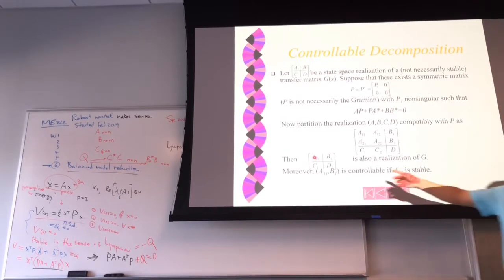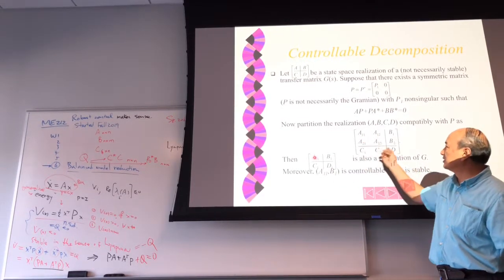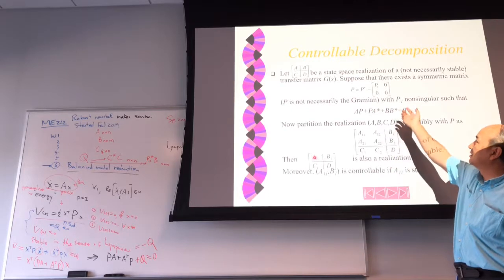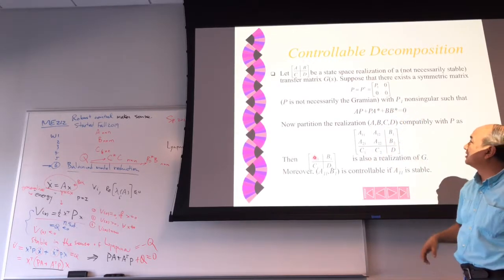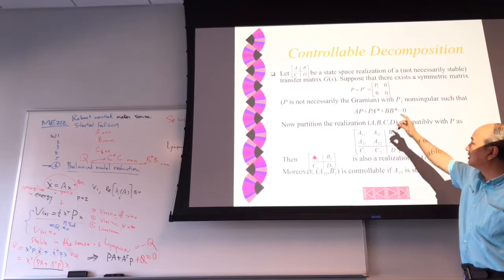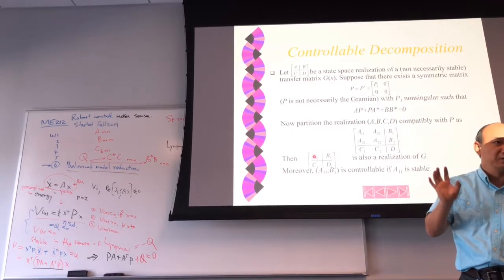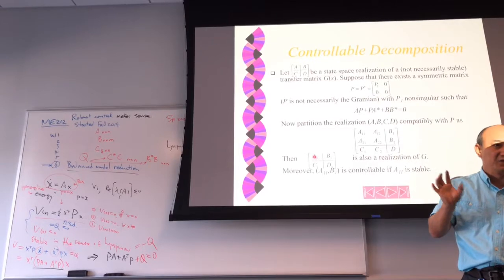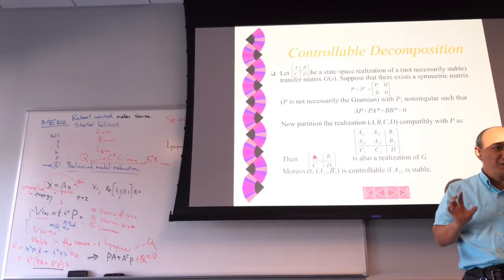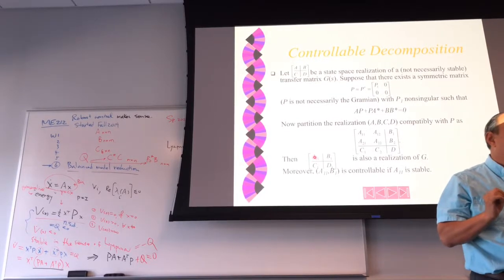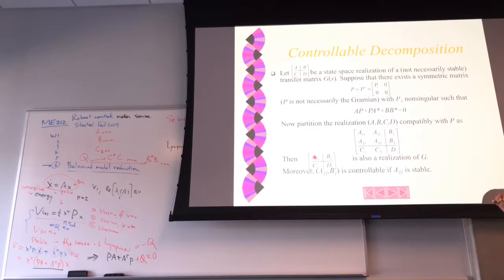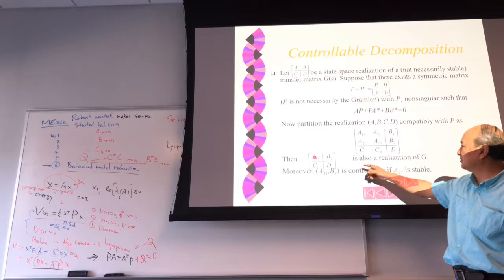So this dimension is smaller than this. And because when you do realization, there's a possibility that the realization may not be minimum, that's why we need to talk about a minimum realization. A minimum realization must be controllable.